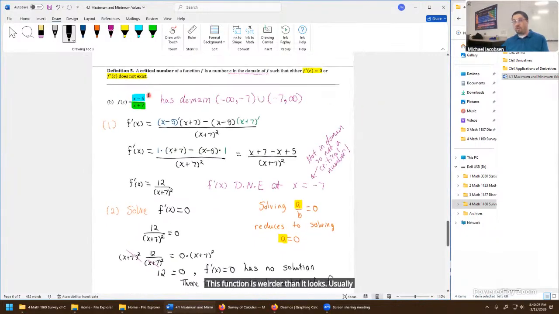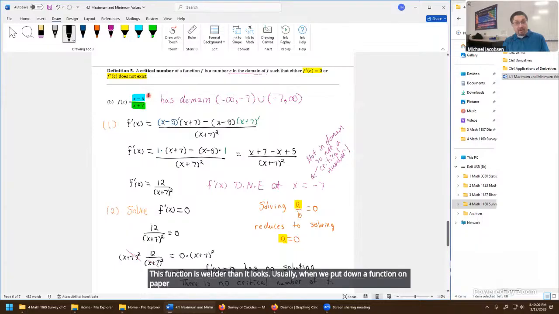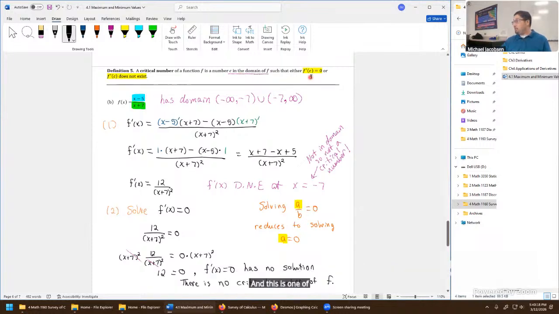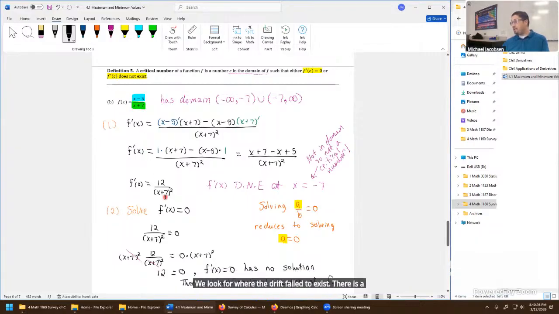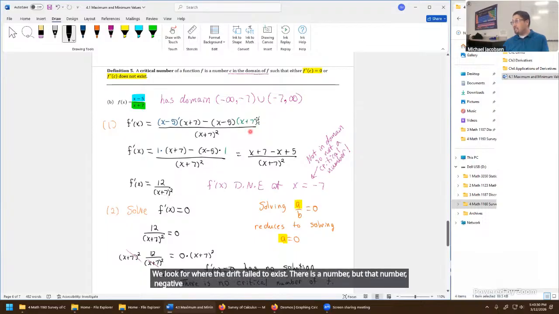Usually when we put down a function on paper, we expect to find a critical number, but that's not a guarantee either. There's plenty of functions with none of them, and this is one of them. When we set the derivative to 0 and solve, it reduces to the numerator 12 equals 0, no solution there. When we look for where the derivative fails to exist, there is a number, but that number, -7, is not even in the domain in the first place.